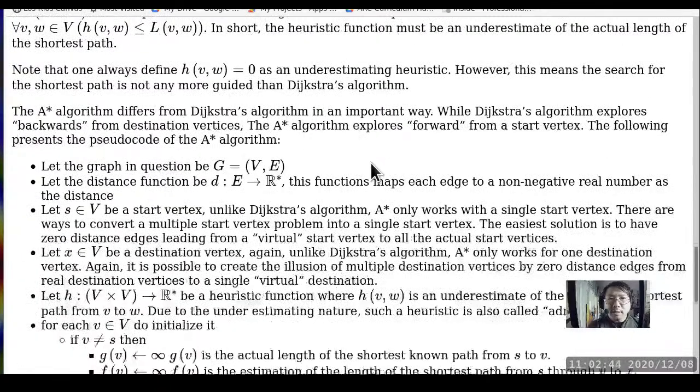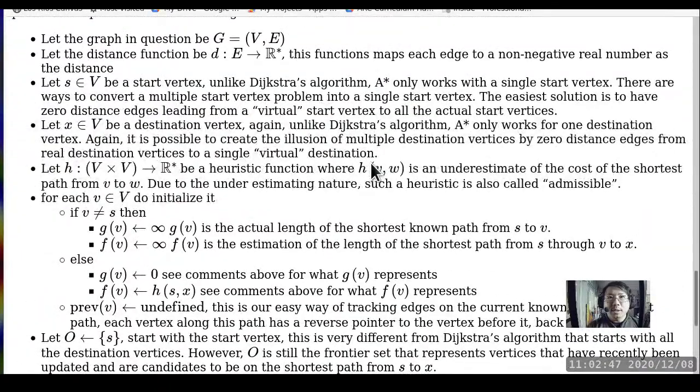So let's take a quick look at the algorithm first, just so that we understand the major steps, and then we go back in to actually trace the algorithm using a particular graph. The graph is still represented using the same symbols, G equals (V, E). V is the set of all the vertices, E is the set of all the edges. We have the same D, mapping the edges to R star.